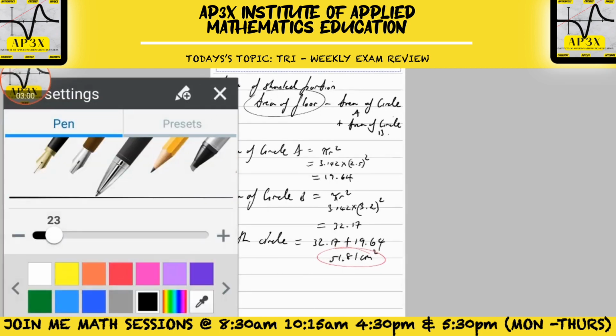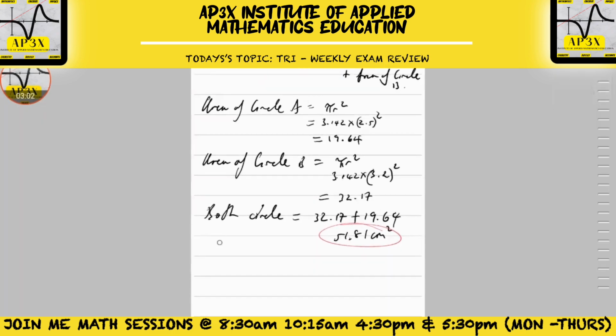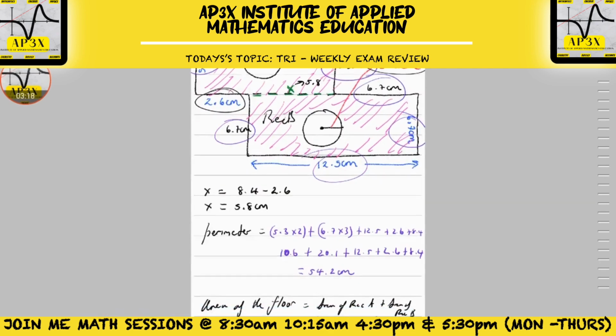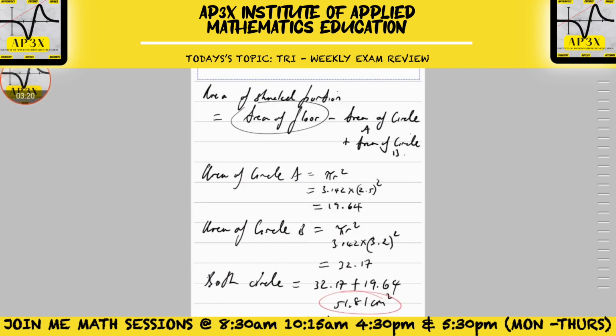So finally, coming to the end of this video, the area of the shaded portion is equal to, we had calculated it earlier, the area of the floor is in fact 128.27.